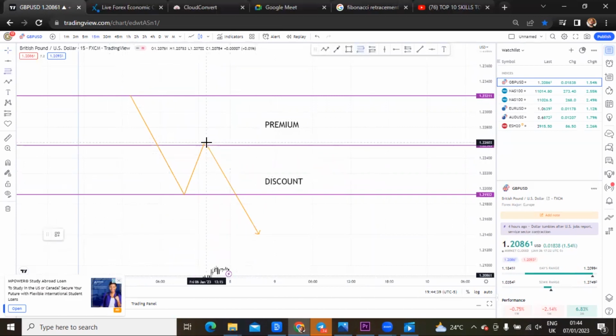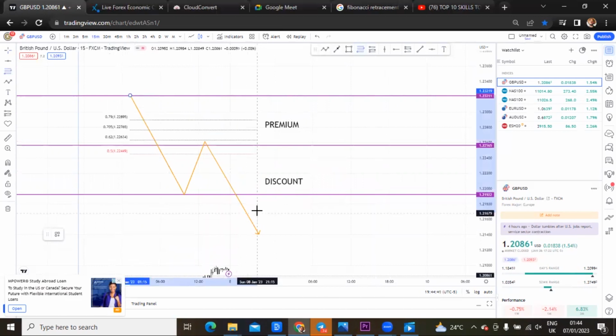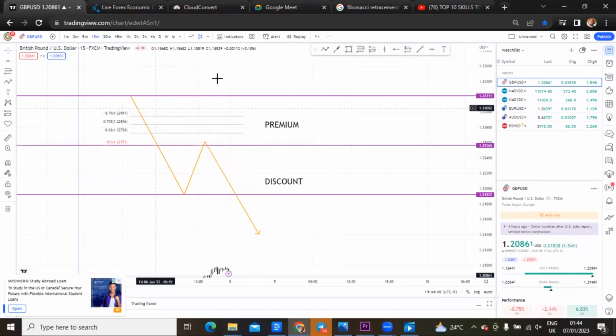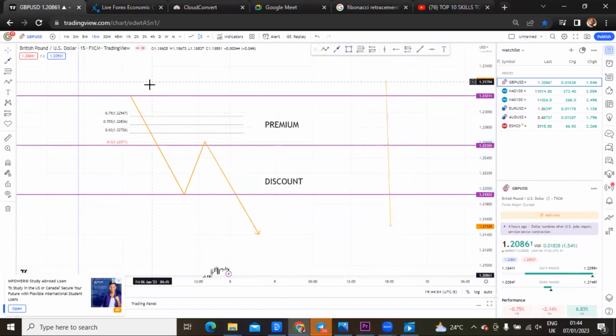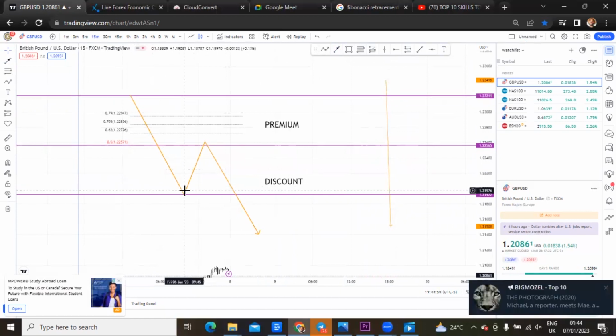So if I want to calculate where I should sell from, I draw my fib from that high to this low. Remember, if you're drawing your fib on a downtrend, you have to draw it in this direction. Look at this arrow. You have to draw it from up to down. Why? Because it's a downtrend. So you pin your fib from up and draw it down.